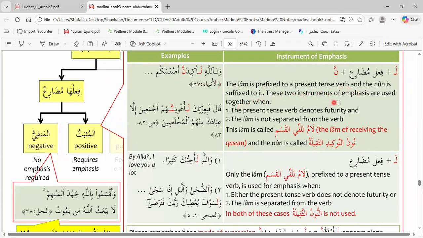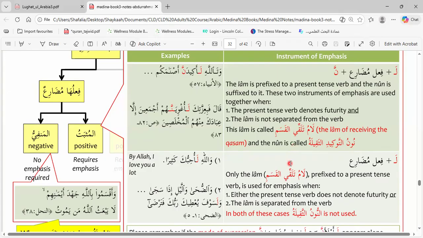These two instruments of emphasis are used together when the present verb denotes futurity and the lam is not separated from the verb. The lam is called lam al-talqi al-qasam, the lam receiving the qasam.